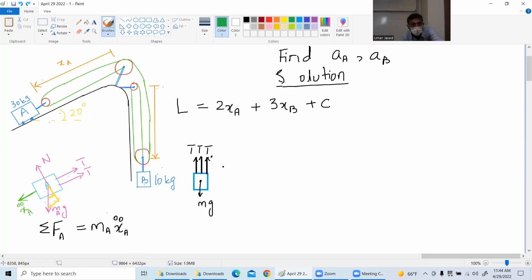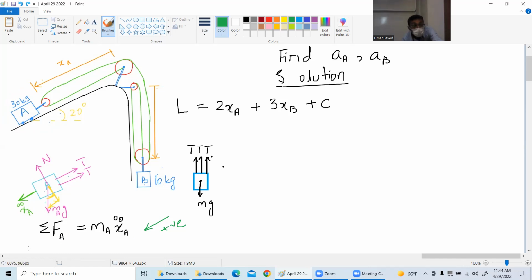Just follow the pattern that summation FA equal to MA X double dot. And you can also write here that this is my positive direction. Why is this my positive direction? Because this is how my reference line is, and this is my positive XA. For those of you who are saying, but why did you tell us that this is moving downward, I will explain to you after 2 minutes the importance of it.